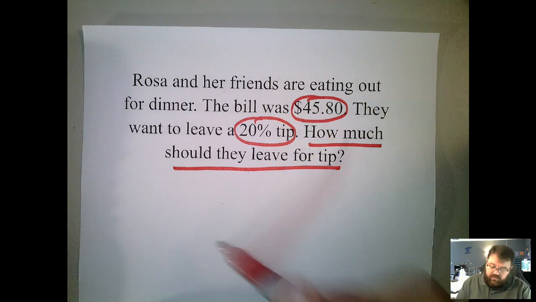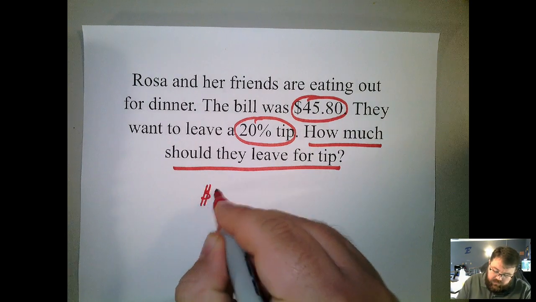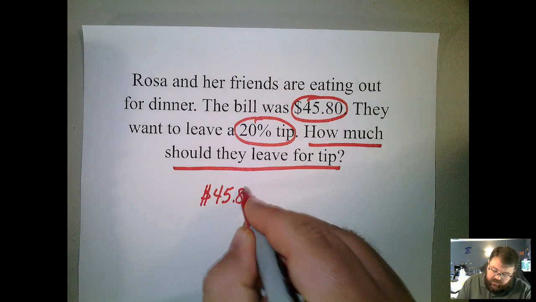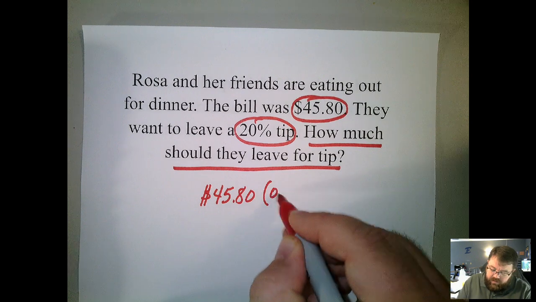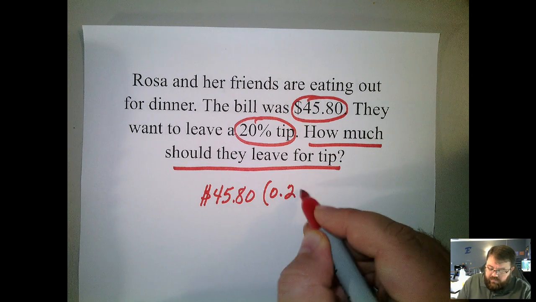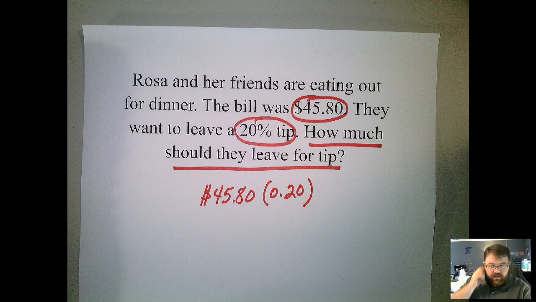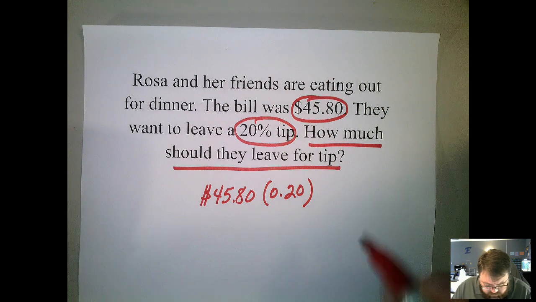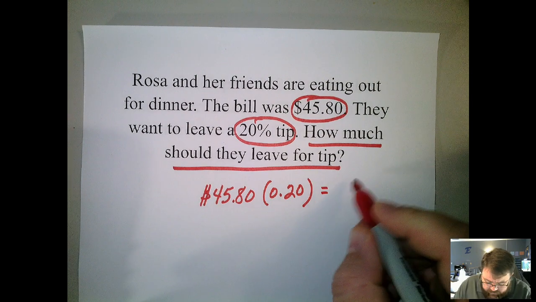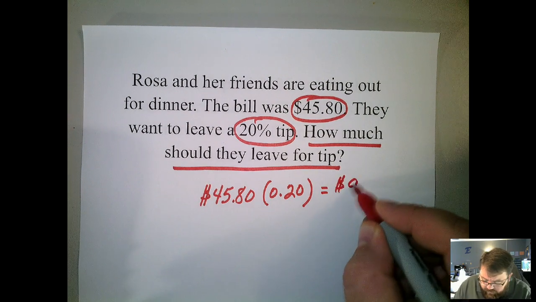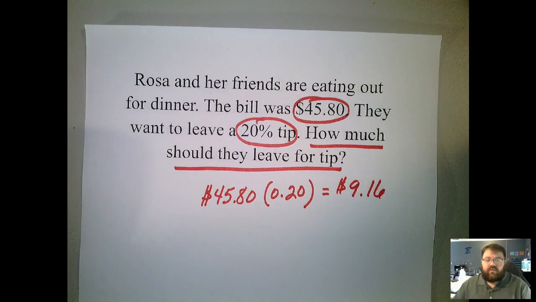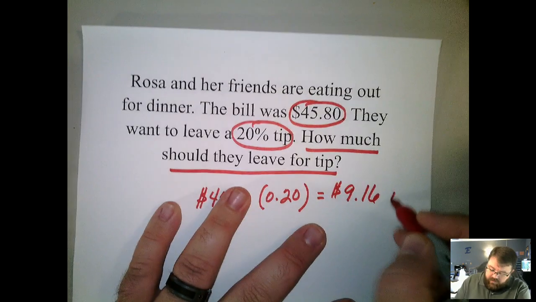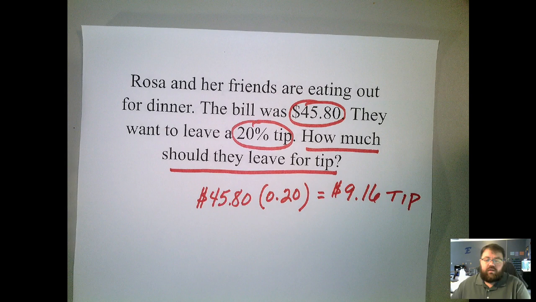So what you would need to do is take the $45.80, multiply that by 0.2 or 0.20, same thing, and that's going to be $9.16. This is how much they should leave for the tip if they want to leave 20%.